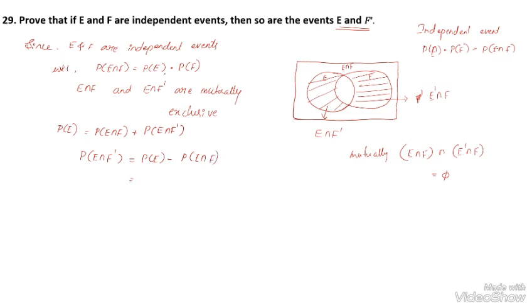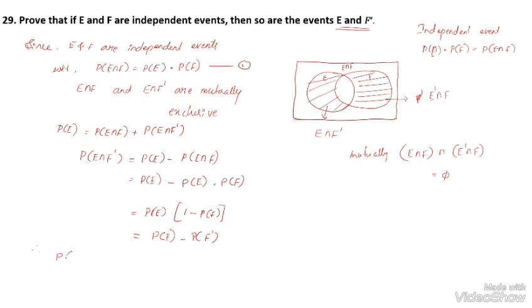By the definition, using the above equation 1, I can write probability of E into probability of F. Then taking probability of E common, 1 minus probability of F. We know that 1 minus probability of F means the complement, that is probability of F complement.